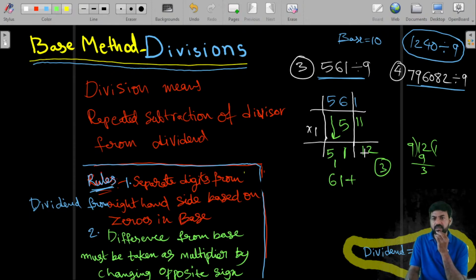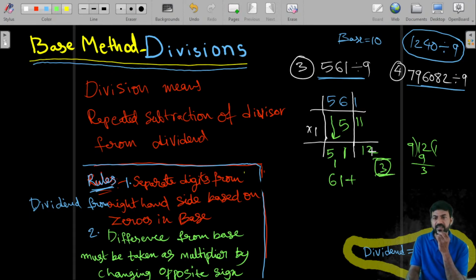Actually, 6 plus 5 is 11. 11, 1 here, 1 carry over. So it became 61. But we got this 12 as a remainder, and we should not have a bigger number as a remainder than the divisor. So you can subtract one more 9 from this. If you subtract one more 9, you will get 3 remainder.